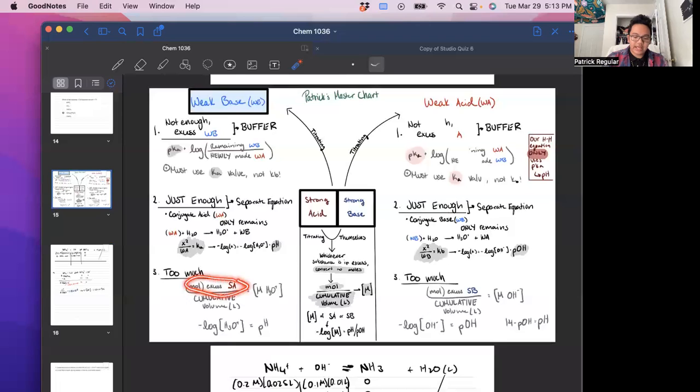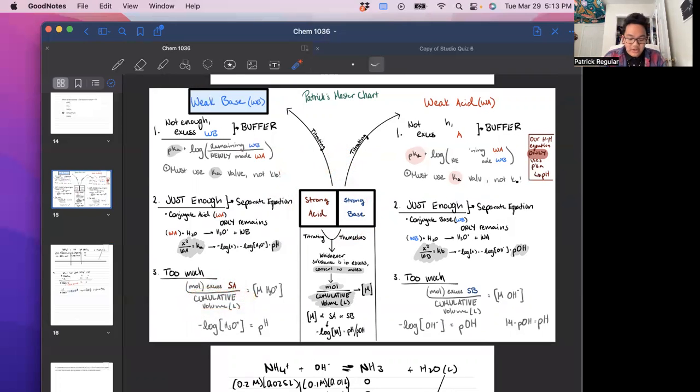So whatever excess strong acid you have, whatever moles you have left, so like again, you have your weak base and strong acid. Let's say you had 0.02 minus 0.01, minus 0.01. This crosses out, and 0.01 is how much strong acid you have left. It's still a number of moles, and whatever cumulative volume you have.